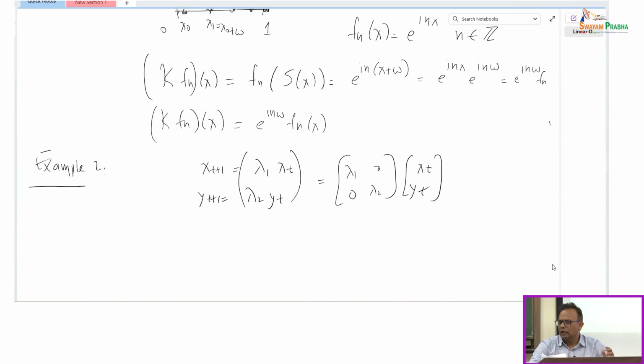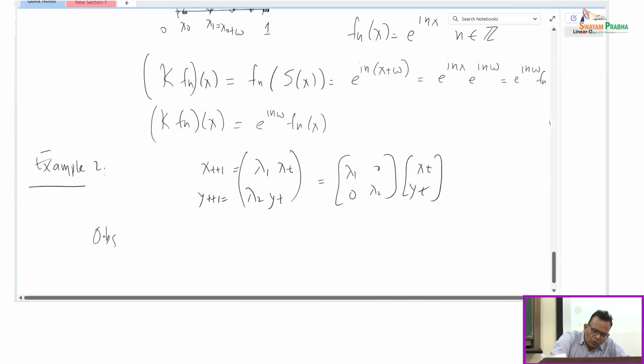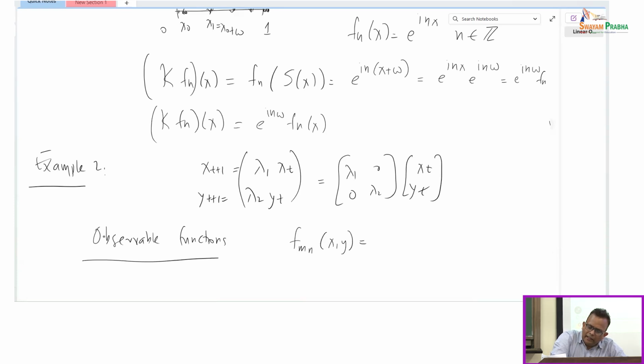So let's say I pick a basis, so this is a space of observables, observable functions. I pick f m n of x, y as x power m, y power n. m and n are natural numbers. Okay, so these are my basis functions.